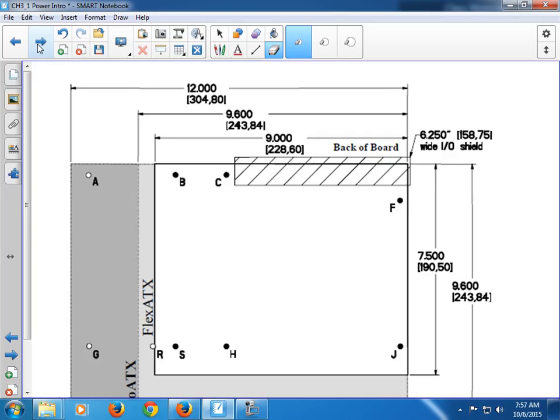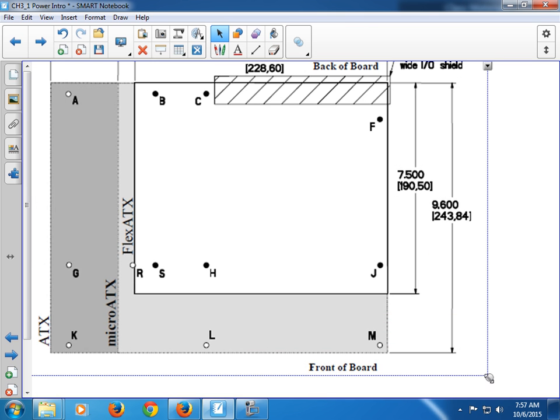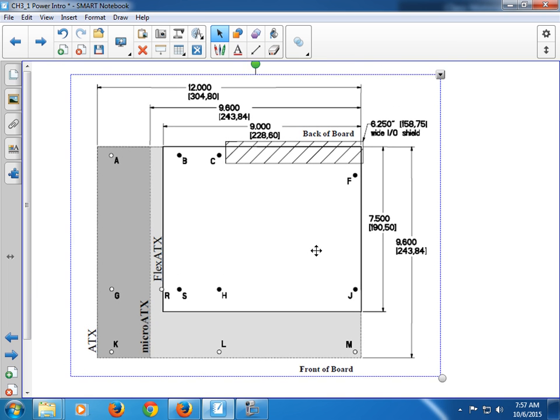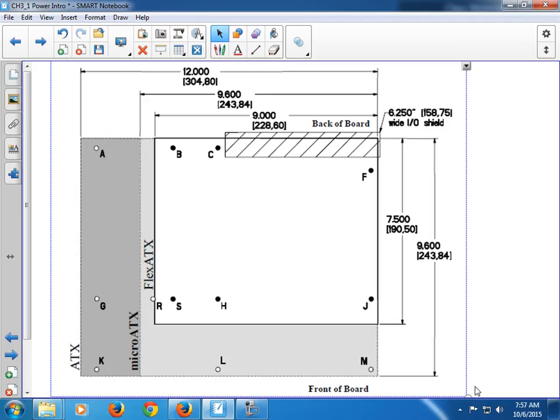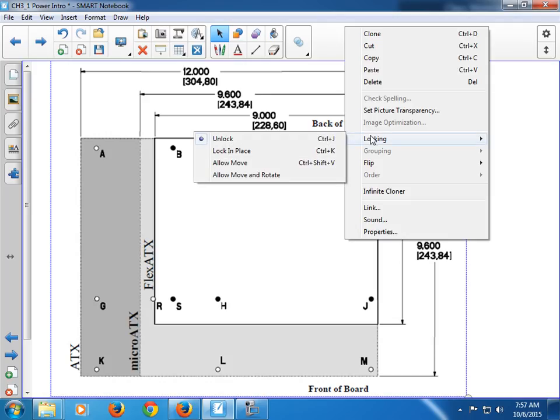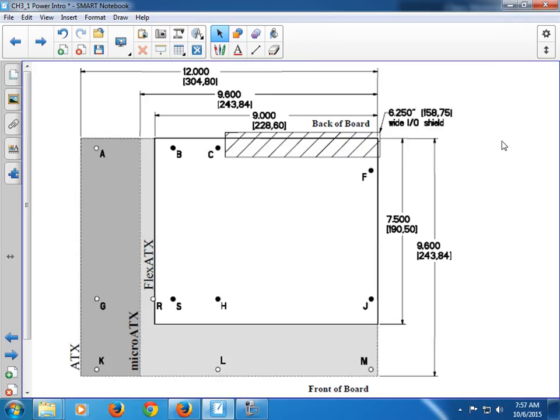Okay, so this is the diagram of how ATX is laid out. Okay, so when I say micro ATX, then it only has this part of the board with these screw holes.